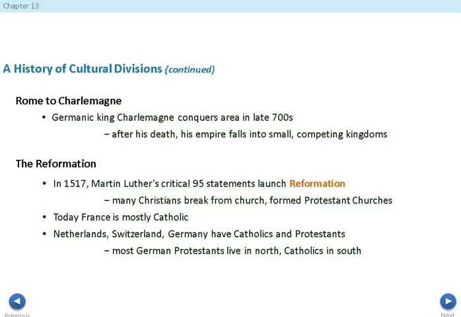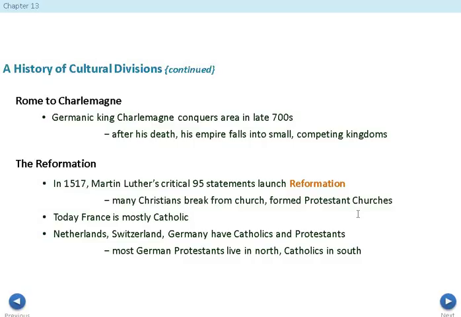And so he famously writes all his stuff down, and he puts it on a church, and that launches the Reformation right there. And so if you look at this word right here, you're going to see Protestant. Protestant is protesting the Catholic Church. And so in Christianity, we really split it into two categories. We split it into Protestant and we split it into Catholicism.